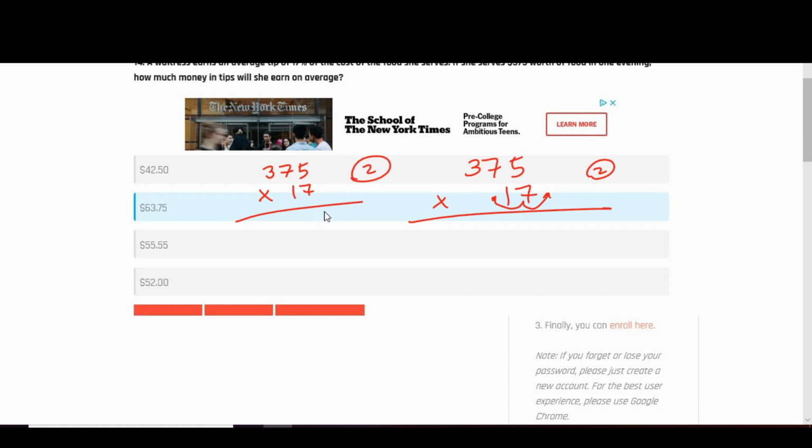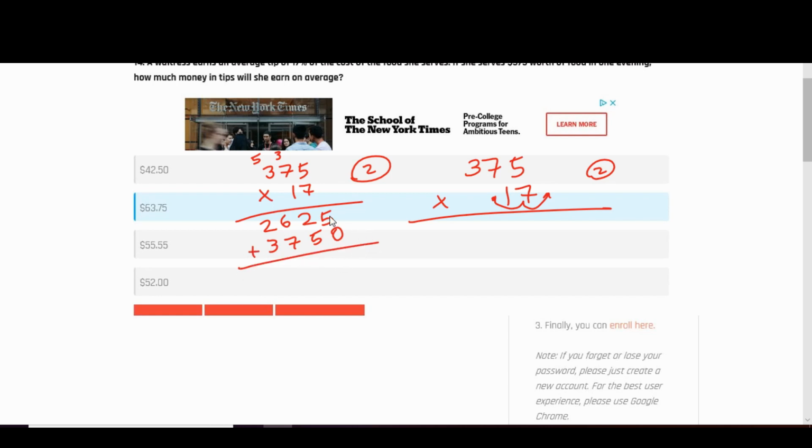5 times 7 is 35. Carry the 3. 7 times 7 is 49. Plus 3 is 52. Carry the 5. 7 times 3 is 21. Plus 5 is 26. Add a 0. 1 times 5 is 5. 1 times 7 is 7. 1 times 3 is 3.